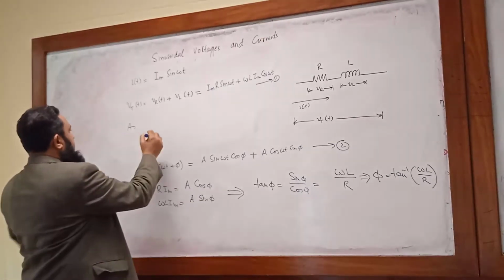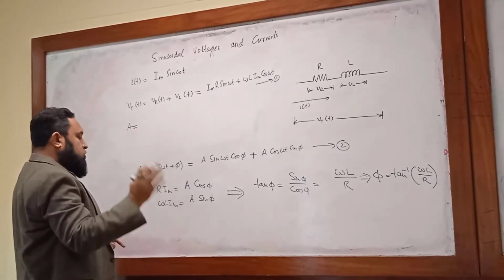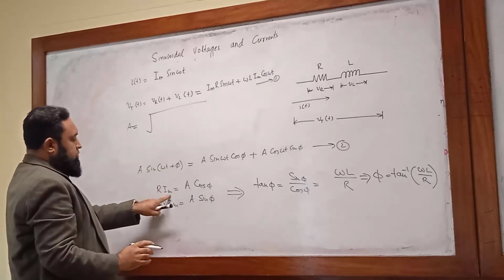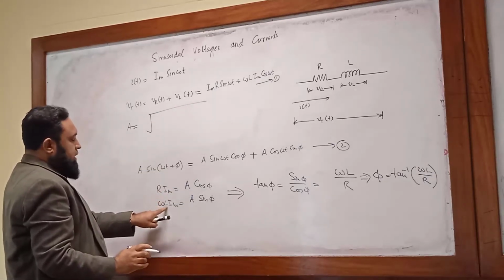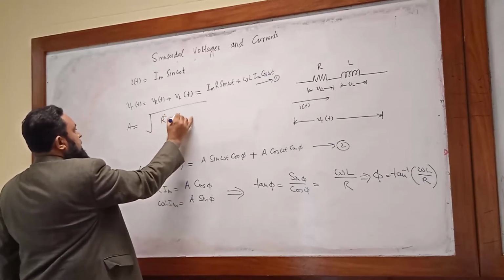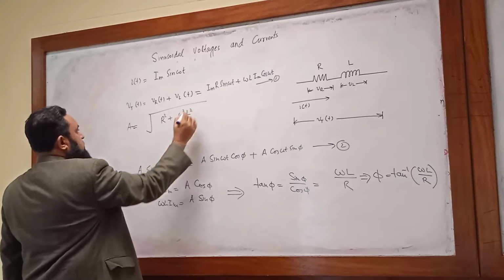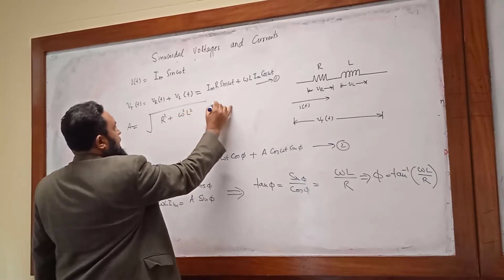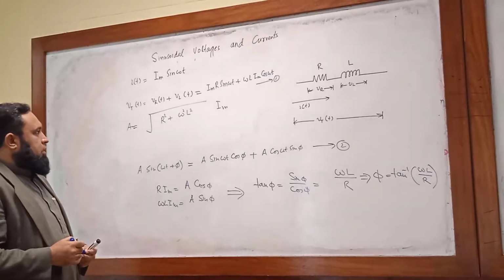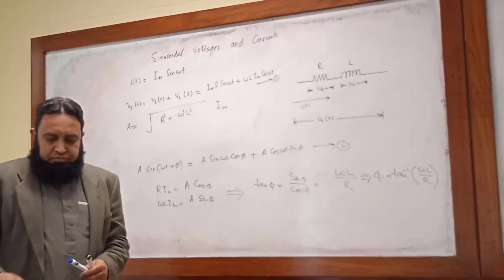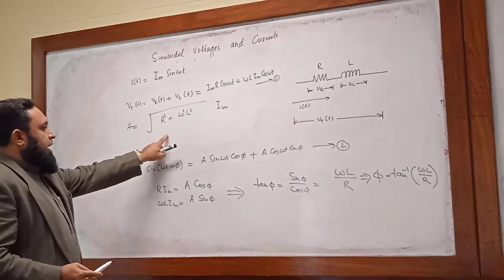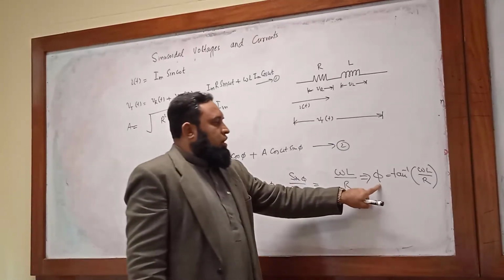So we can leave this A and take the square root. So A is the square root of R square Im square plus omega square L square Im square. So it is the square root of R square plus omega square L square, taking Im out of this square root. So this is the value of A, and this is the value of phi.